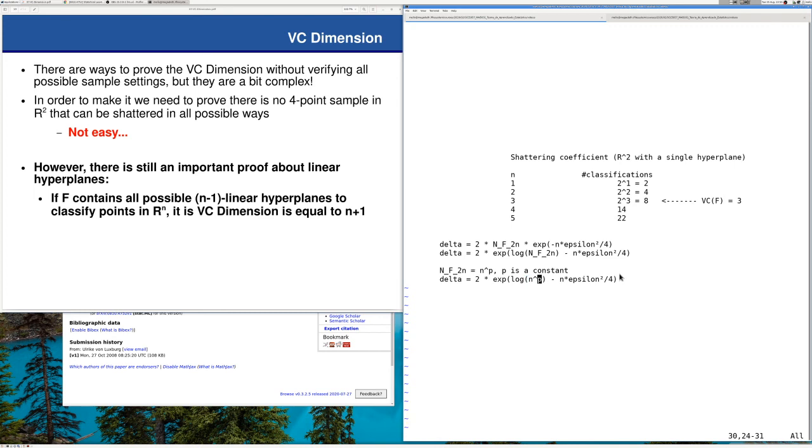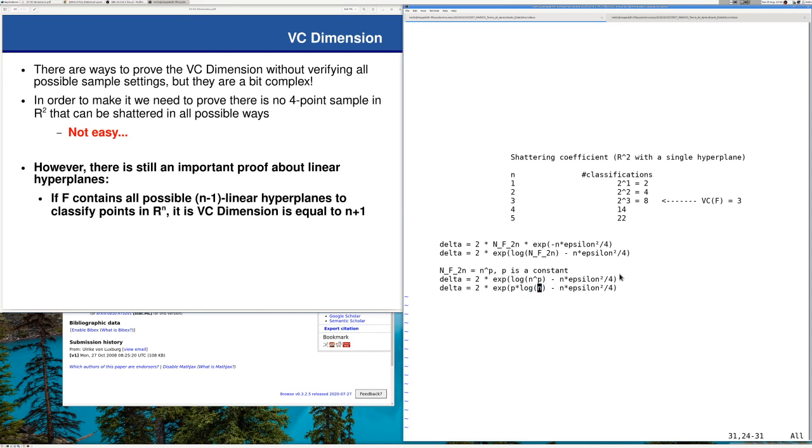Given the property of logs, I can use p times log of n. Something that is log of n in positive terms, and something negative that is linear in n.